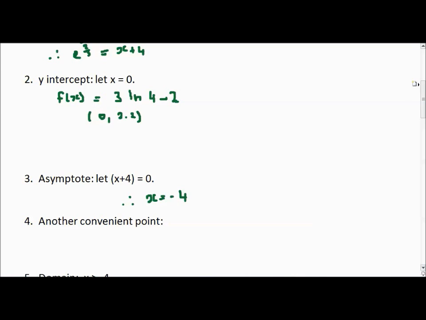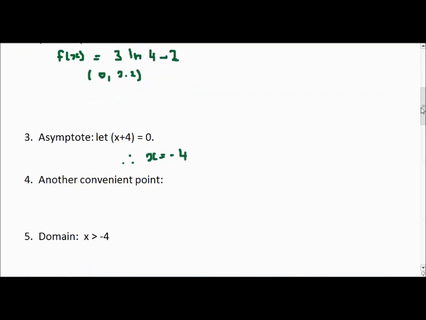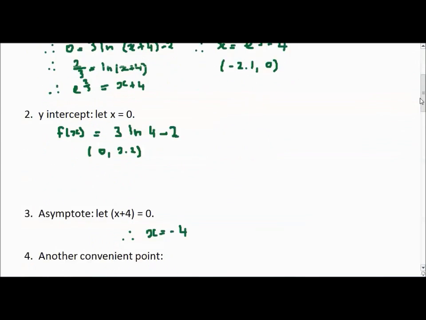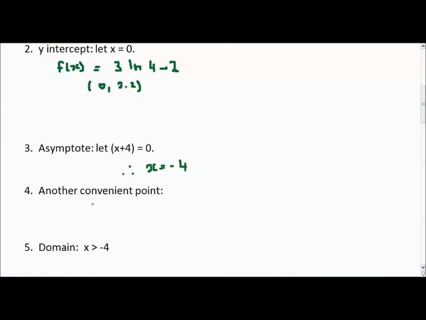There's another convenient point to be plotted if we want, and I do want, and that is where the argument here is equal to 1. Why is that? Well, it's because ln 1, in fact log of 1 in any base, is going to equal 0, isn't it? So that's rather convenient. So letting x + 4 equal 1, we get x equaling negative 3.